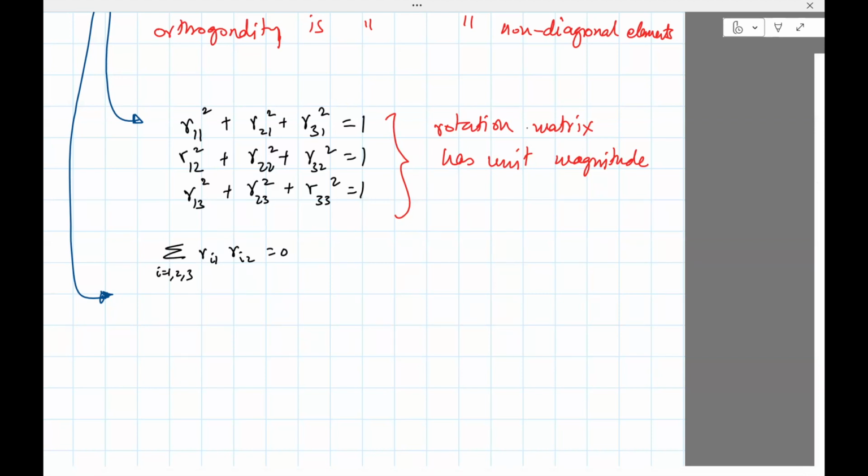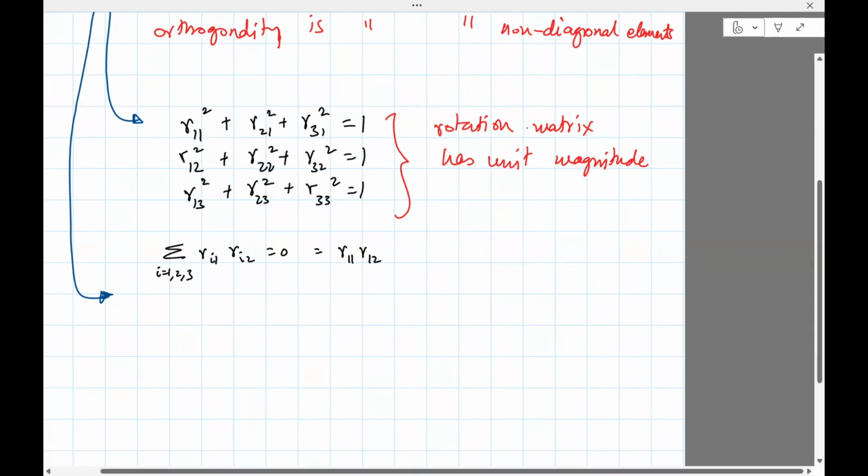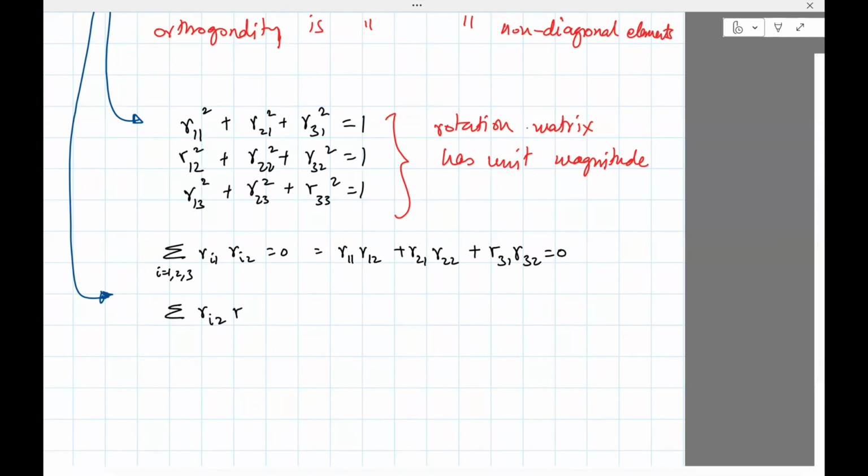So this comes out to, if you expand this out, you'll get R11 R12 plus R21 R22 plus R31 R32 equals 0. And then there's similar for the other two. So Ri2 Ri3 equals 0, where i will go from 1 to 3.